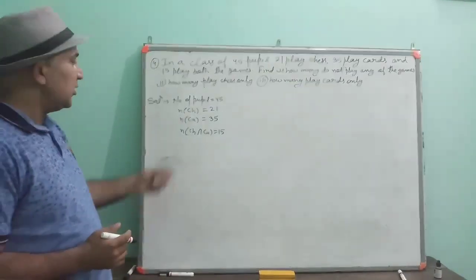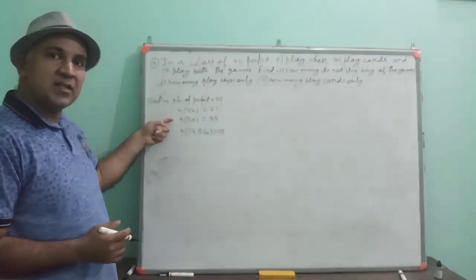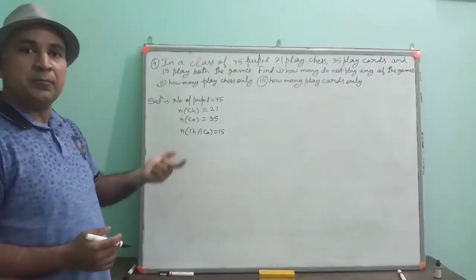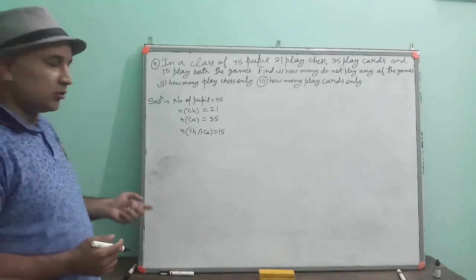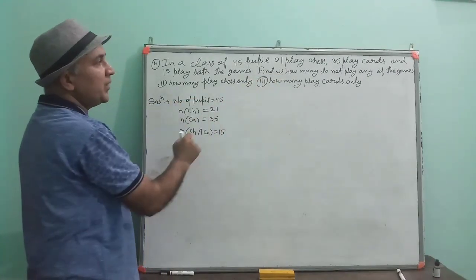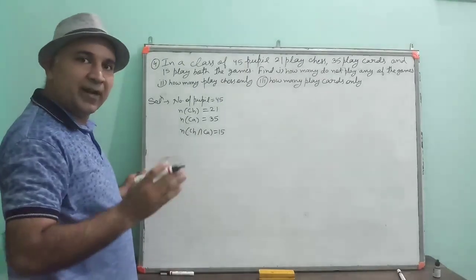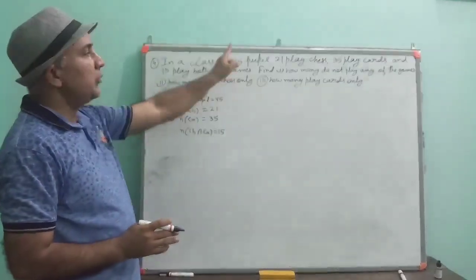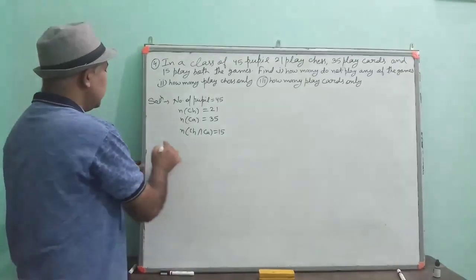While union of chess and card means either they play chess or they play card or they play both. Understood? That means to find how many do not play any game, first we will find the union and then from the total number of people, we will subtract the union.